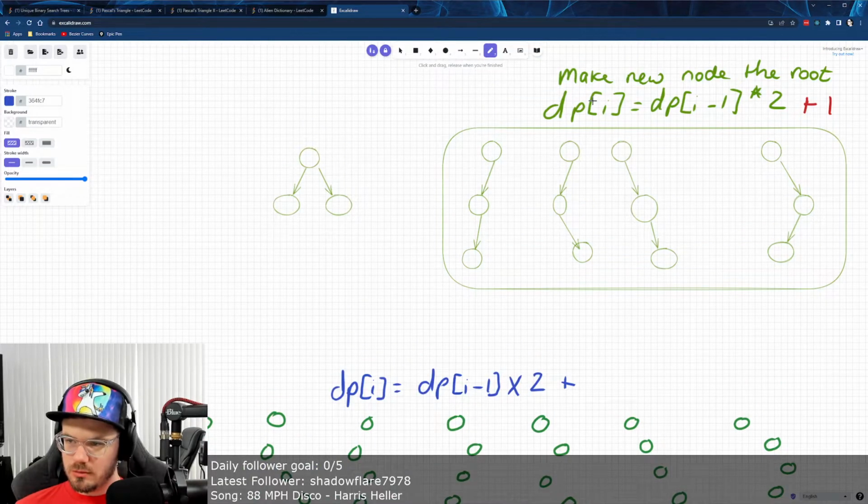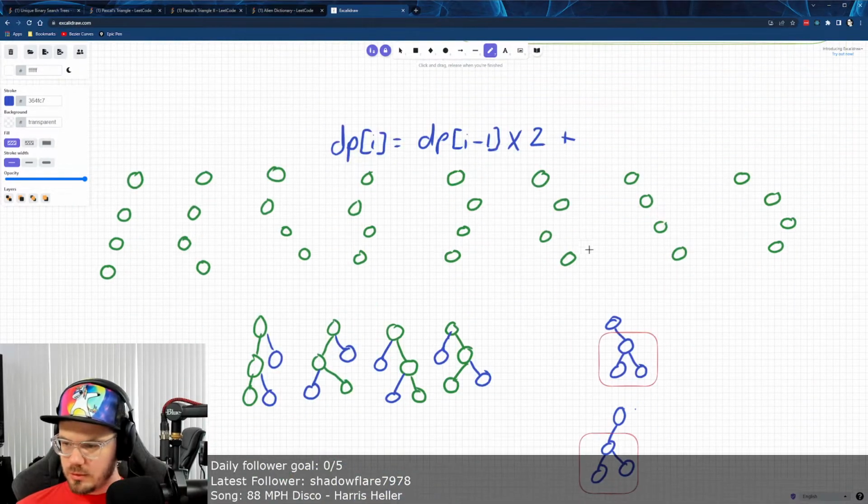Wait. Are we subtracting out minus 1? So this is for dp of 4. So it'll be 2 to the third.